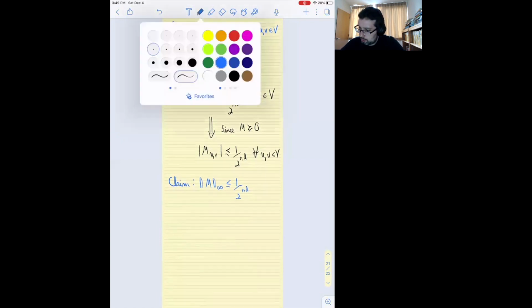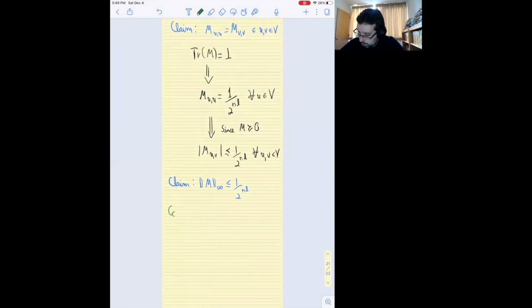Now let's continue with the strategy. The strategy is to count the number of non-zero entries of M, use this bound, and multiply by the infinity norm. It's a very simple strategy.